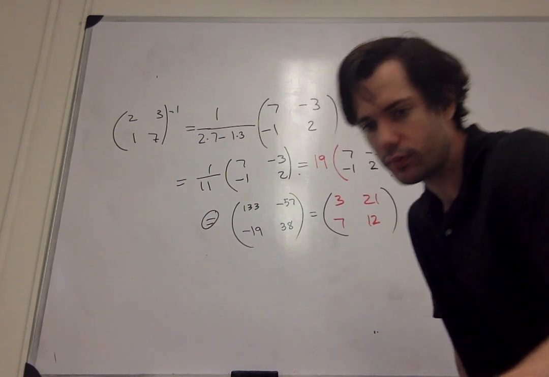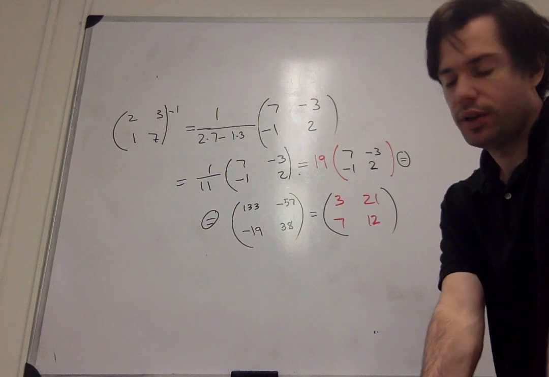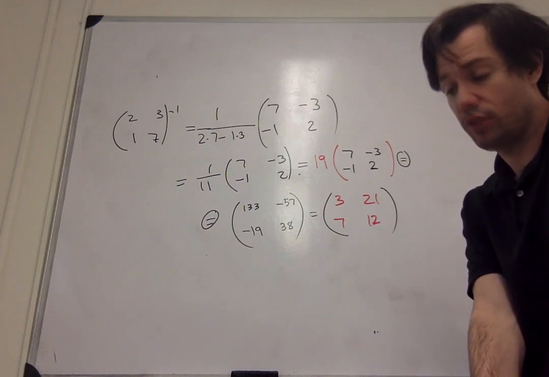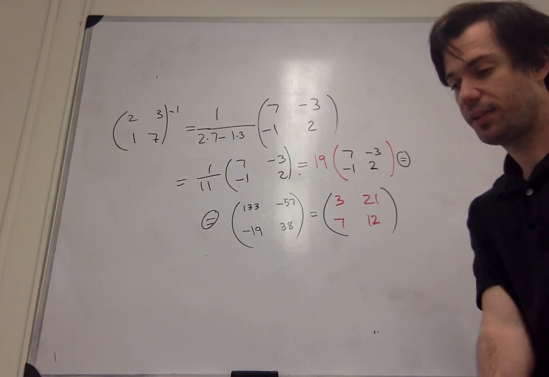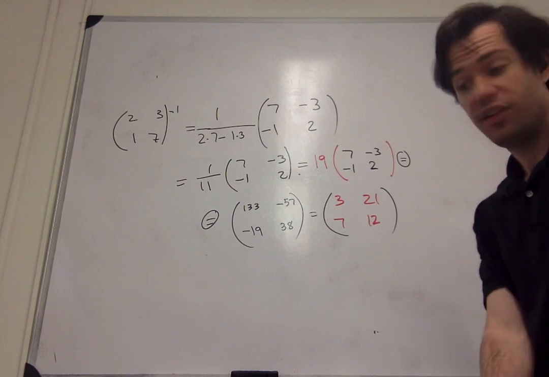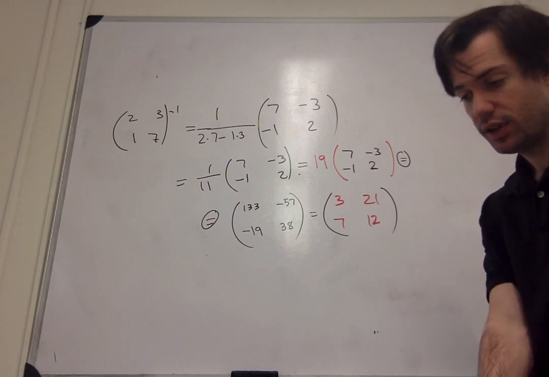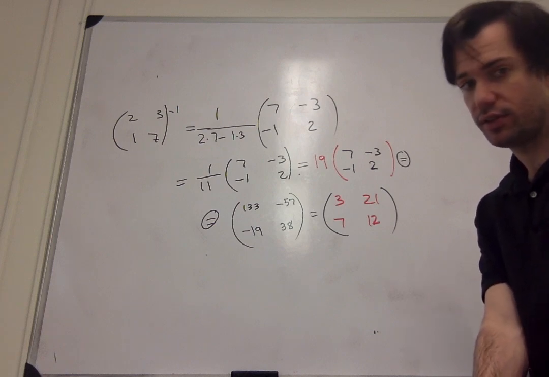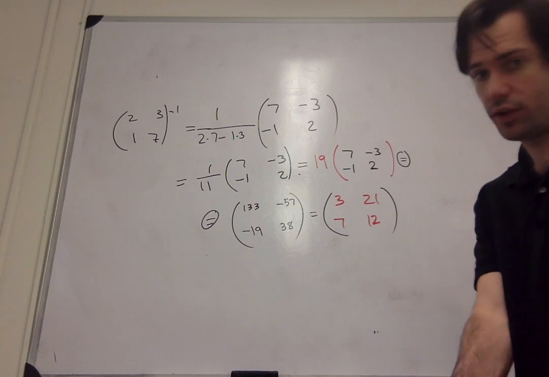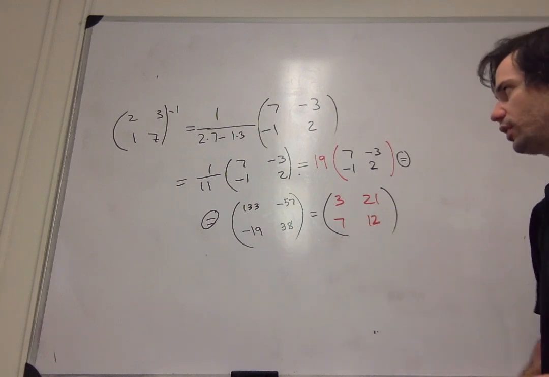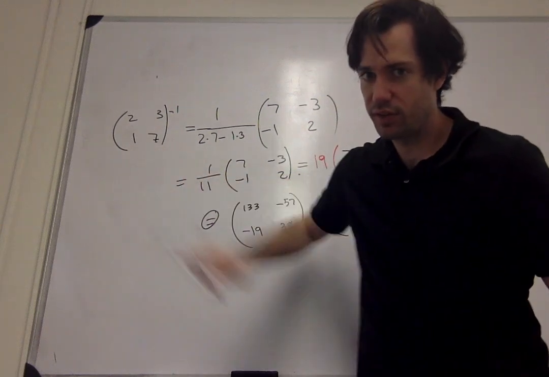So clock arithmetic. 26 and 26 is 52. So, for example, if I had 50, this would be 2 less than 52, so that's 2 less than 0. So that would be 24, for example. Okay, so I have 3, 21, 7, and 12. That gives me the inverse of that matrix.